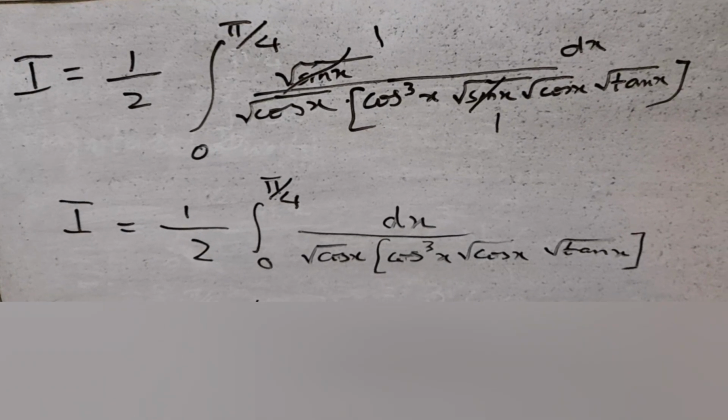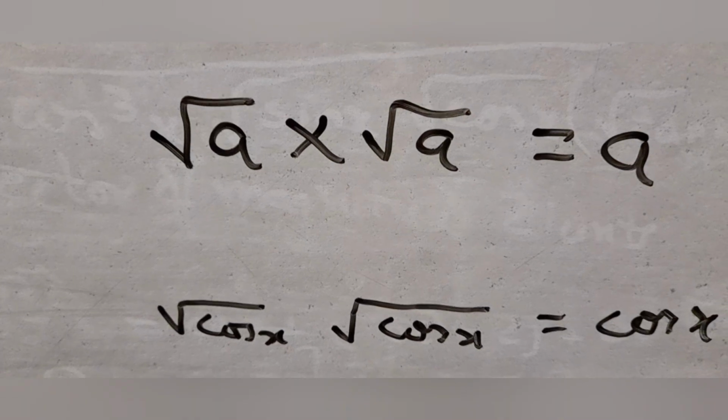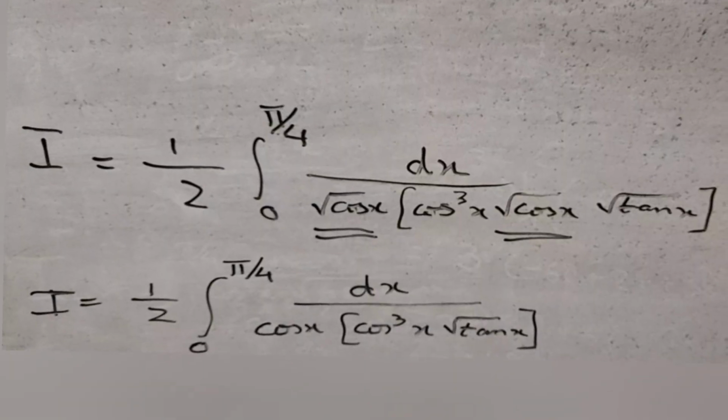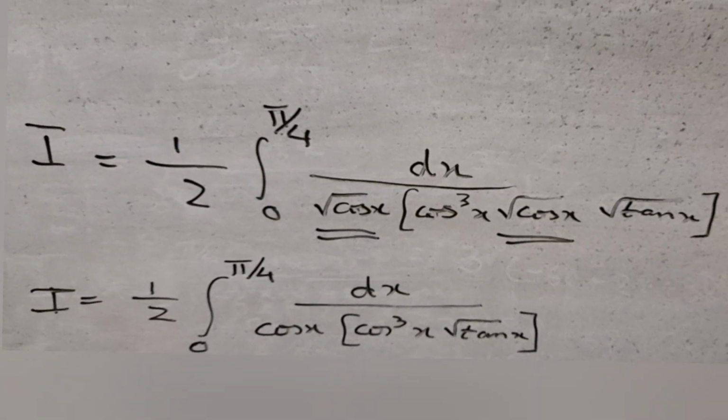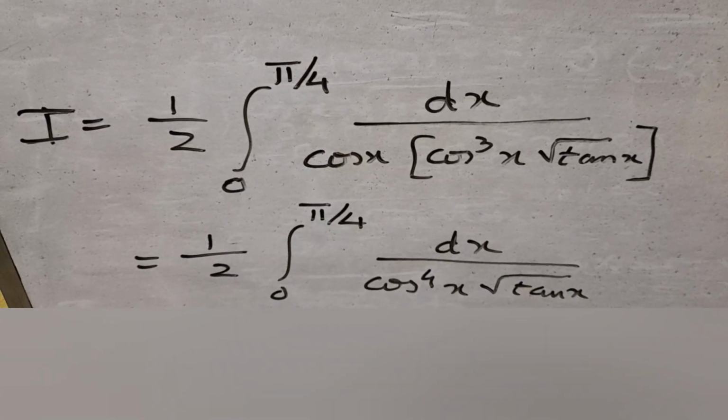Root cos x into root cos x in the denominator will become cos x. So we get the factor 1 by cos power 4x.